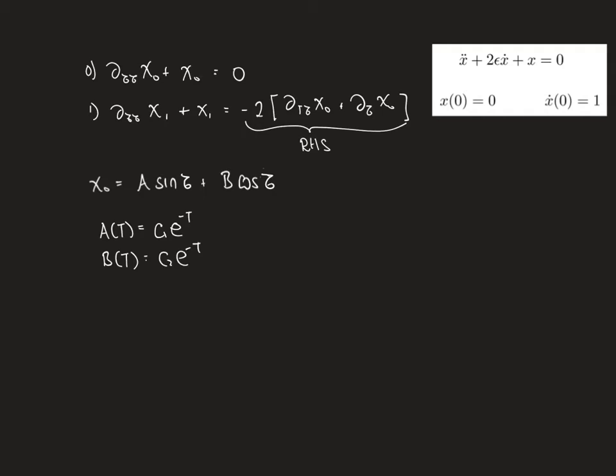So maybe now we have to do a development to be able to relate these initial conditions, which are for the classical equation, so there is no perturbation in here, to these equations, which are the perturbed equation and also consider fast and slow time scales. So let's start with the first one. What is x naught?